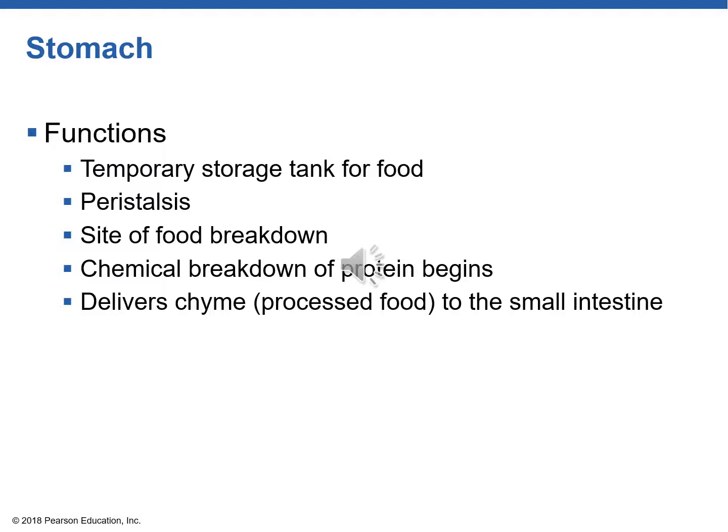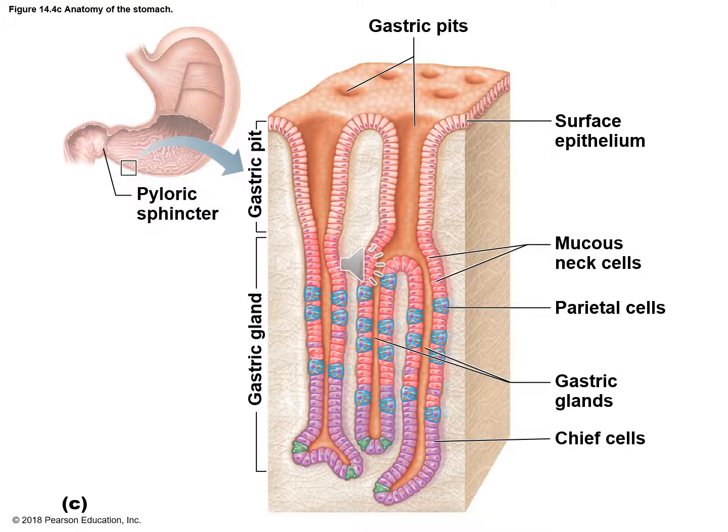I just want to mention the term chyme: once the food has been digested and broken down quite a bit in the stomach, it is now termed chyme. So it is chyme that will enter the small intestine. This is an excellent image showing these pits that are lining one's stomach and all of the cells that are inside of the pits.